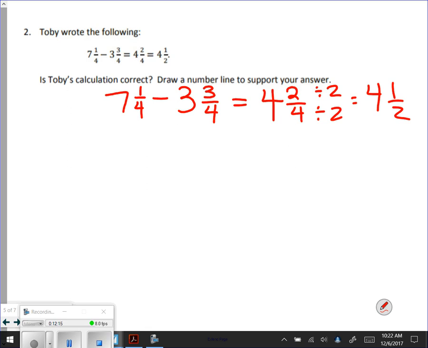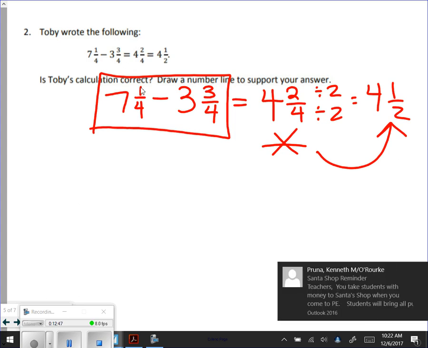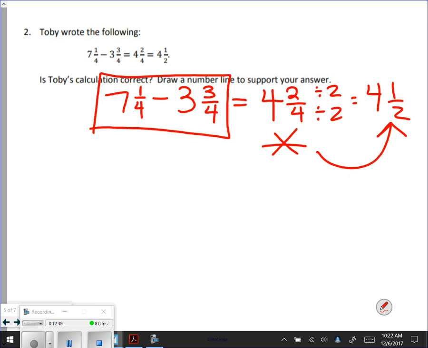And it says draw a number line, which I really don't like using number lines to do computation. I like just doing computation. So what I want you to do is solve this and see if it is actually equal to 4 2/4, which would be equal to 4 1/2. I haven't even solved it yet. So, is it equal to 4 2/4?